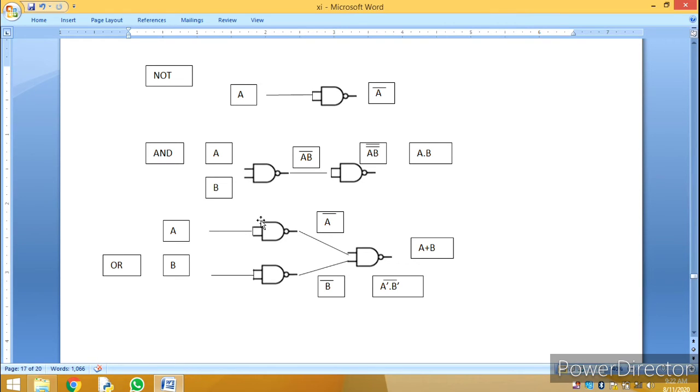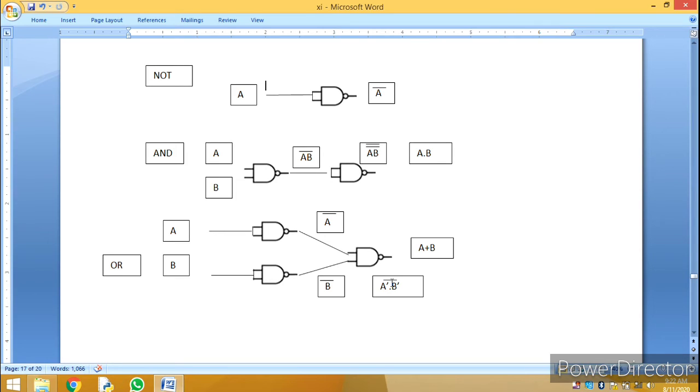Now in the third case, the inputs A and B are each passed through a NAND gate, and the outputs are combined with another NAND gate, and we are getting A plus B. Here let us see which law is being applied. We are getting A complement and B complement from the first NAND gates. When passed on, you are getting (A complement into B complement) whole complement.